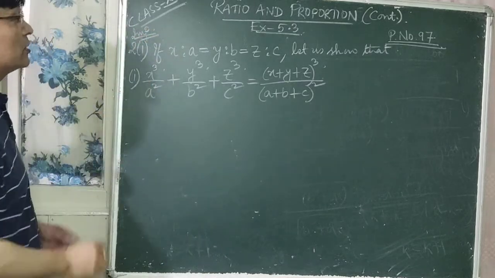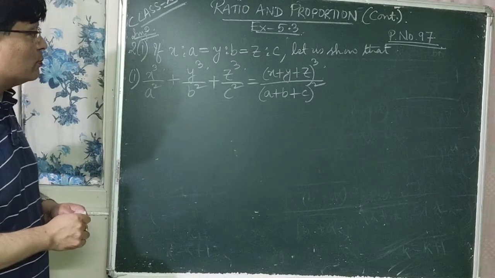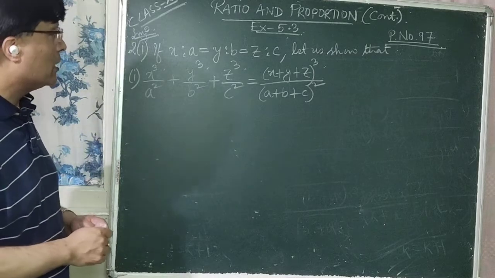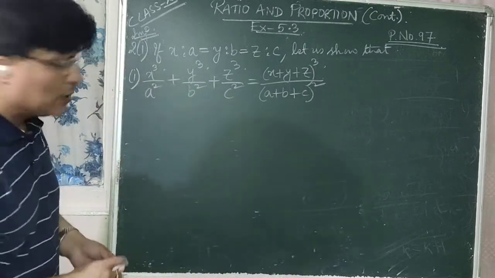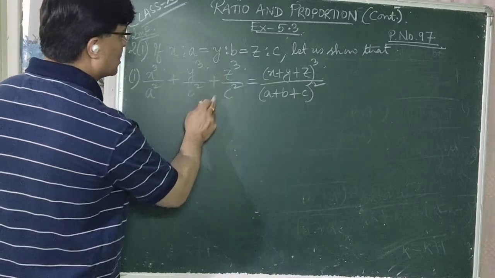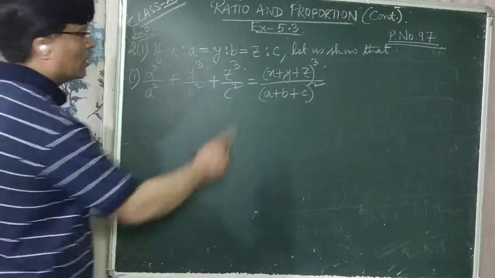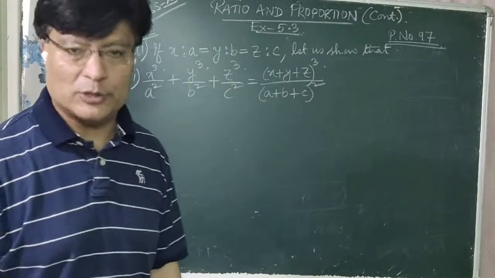The question is 2 number 1. If x is to a is equal to y is to b is equal to z is to c, let us show that this number 1 LHS is equal to RHS. That is x cube by a square plus y cube by b square plus z cube by c square is equal to x plus y plus z whole cube divided by a plus b plus c whole square.